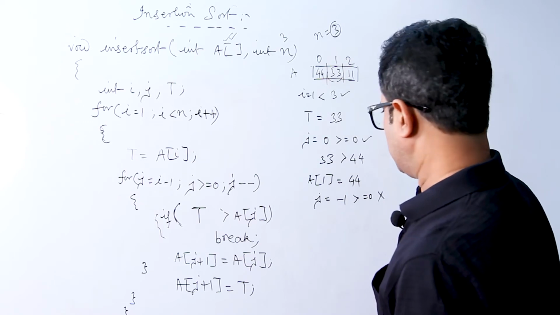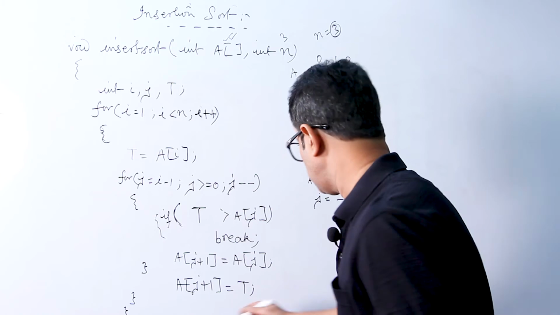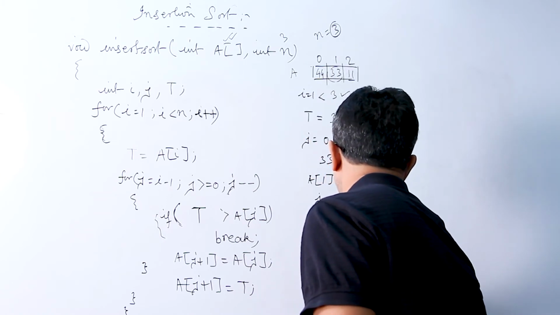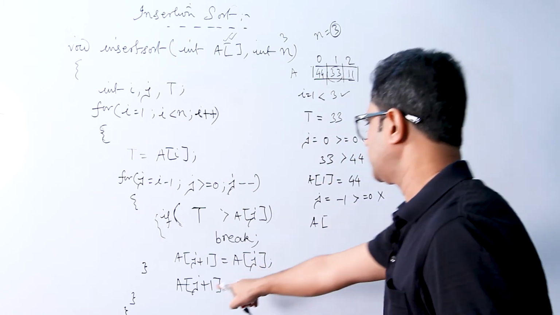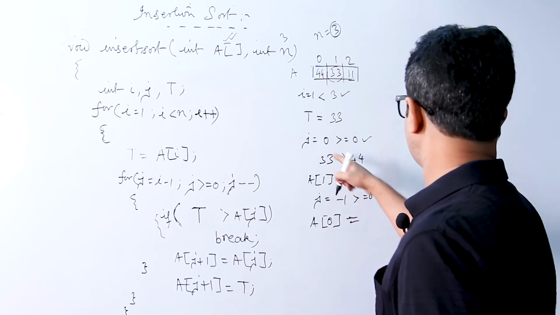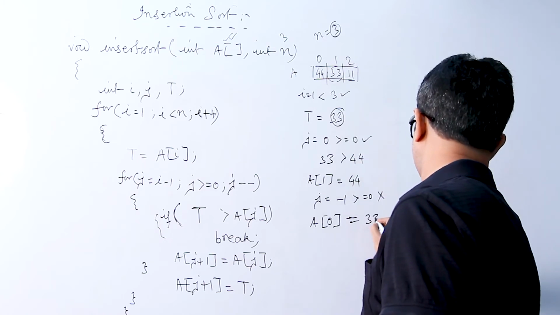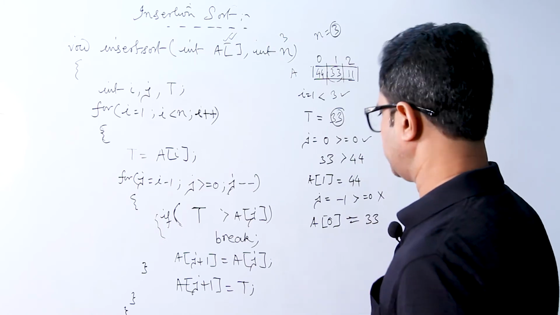After the inner for loop, we encounter the statement a[j plus 1] equal to t. Now j is minus 1, so minus 1 plus 1 means 0. a0 is equal to t. What is the value of t? We have kept the value of t as 33. So a0 will now be 33.